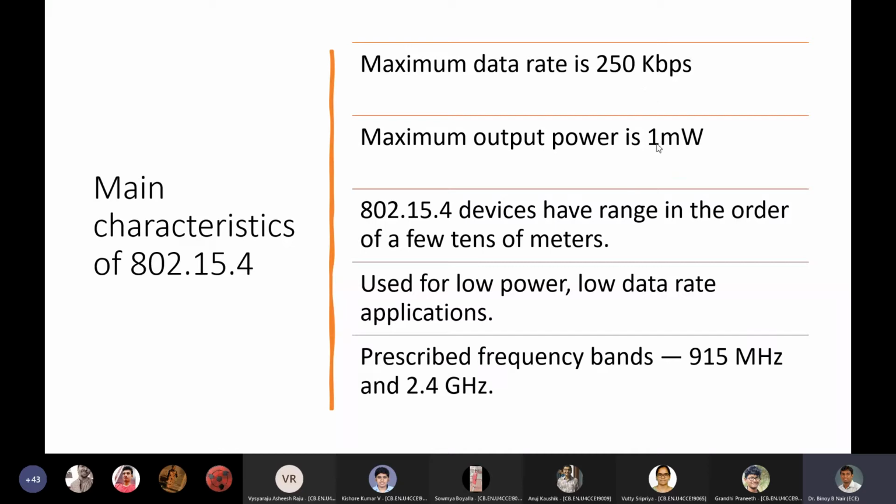Output power will be about 1 milliwatt, and you will have about 50 to 60 meters of range. Typically the power consumption, obviously, will be very low. And they will all be working in the range of 915 MHz to 2.4 GHz. So around 915 megahertz or about 2.4 gigahertz they will be working. All right, so that is the main characteristics of 802.15.4.